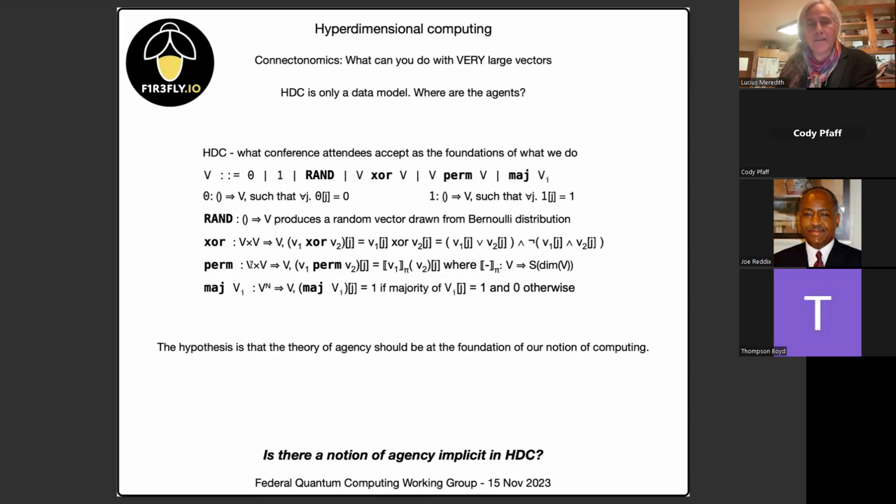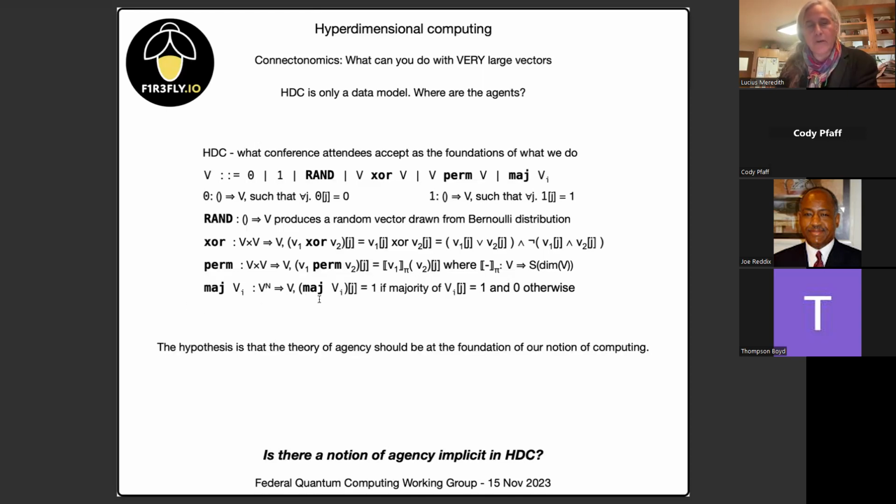So if n is the dimension of our vector space, then this is the group S_n. It's an element, and so what we do is figure out what permutation that is. That's what this bracket pi is, and then we apply that to the second argument. If we want the jth component of the permutation, this is how we calculate it.